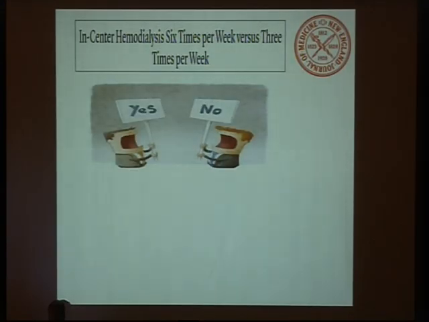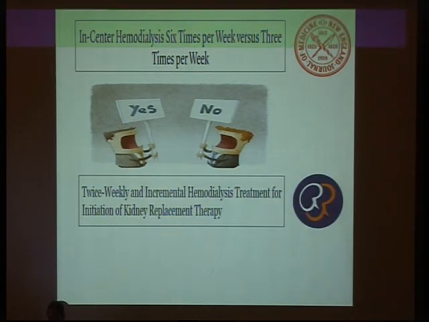It may seem somewhat strange. At the time they were studying frequent dialysis and daily dialysis, we are talking about twice weekly dialysis, and incremental hemodialysis is introduced on the scene.